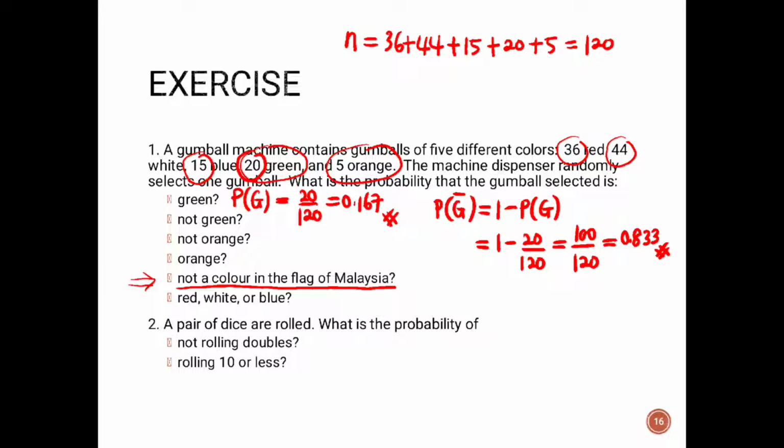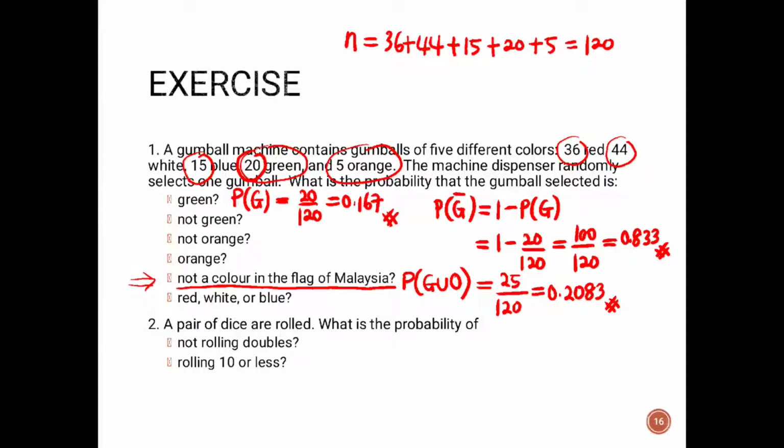So this is probability of green or orange, and that's 25 over 120, which is 0.2083.